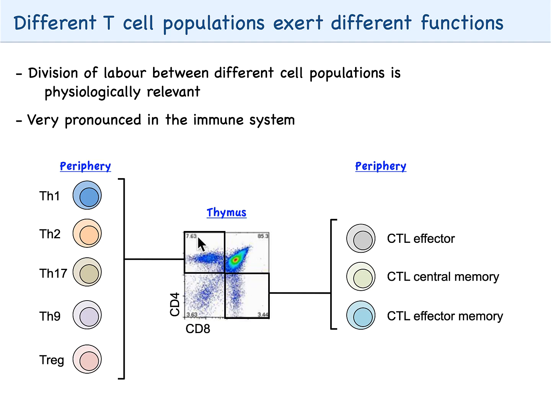Once the CD4 T cells go to the periphery, when they are naive, they are the same, they are not differentiated, but after they become effectors and memory cells, they will have differentiated into different flavors. So you will have Th1, Th2, Th17, and regulatory T cells.